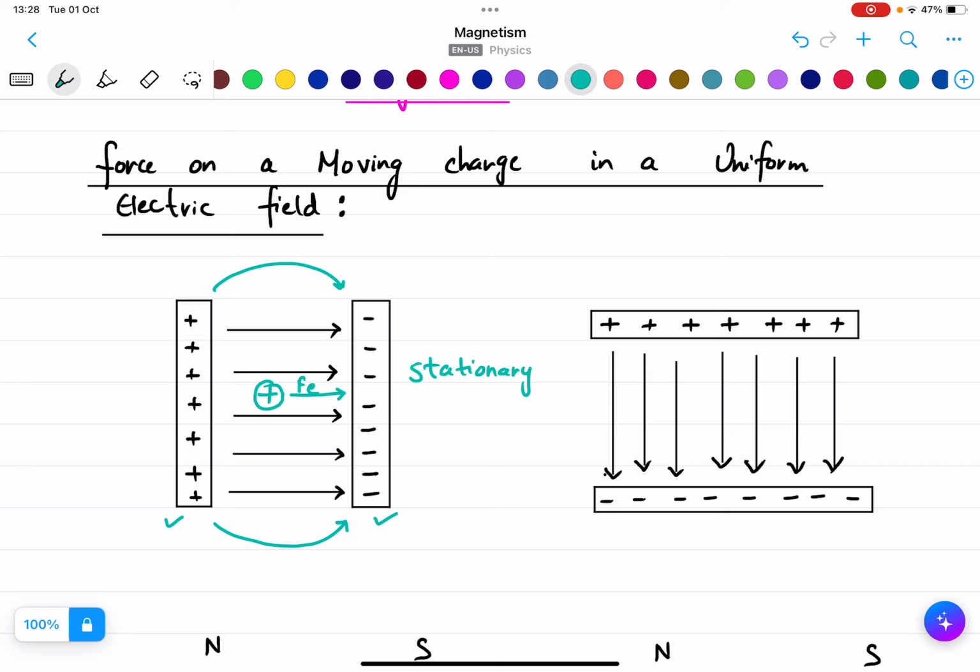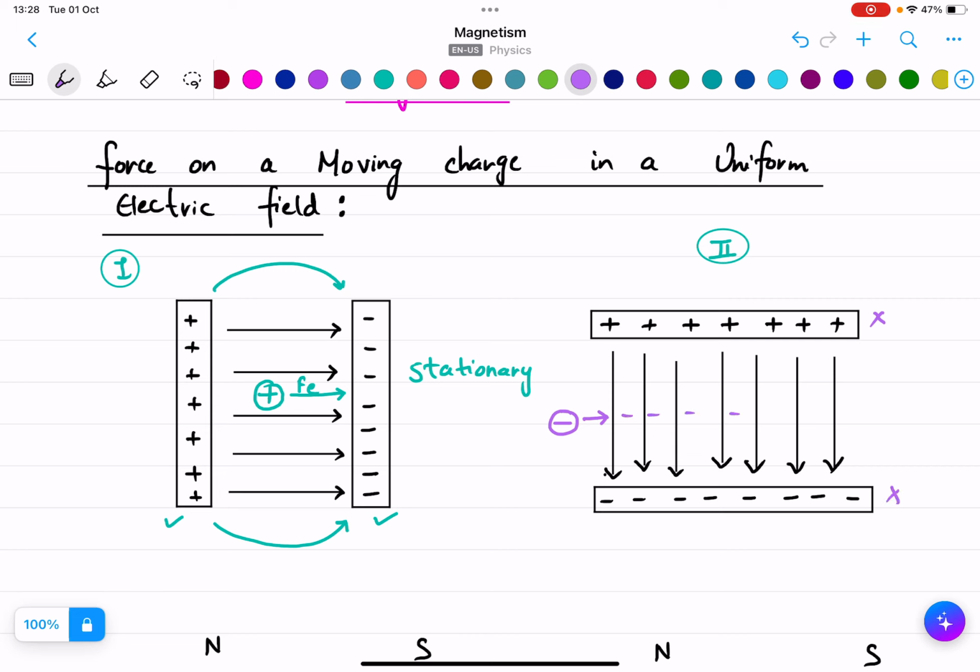Now consider the second case. This was the first case. In this case, let us say there is a negative charge which is coming towards the electric field, which is just moving, and it is experiencing the electric field. Suppose there is no electric field, then what will happen?